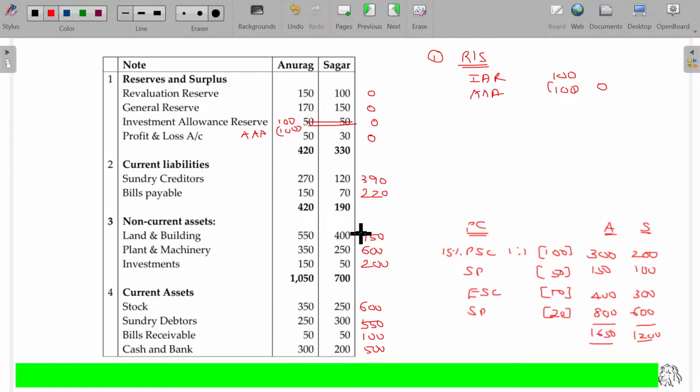Now this value, schedule number 2, is 610. What about the value of non-current assets? 1750. What about current assets? 1750.